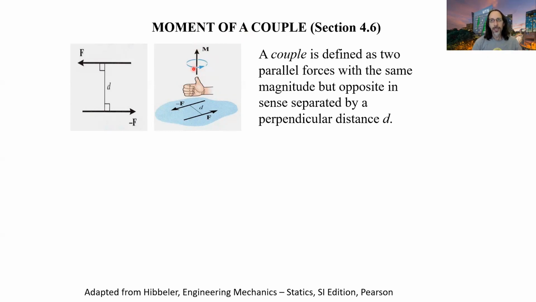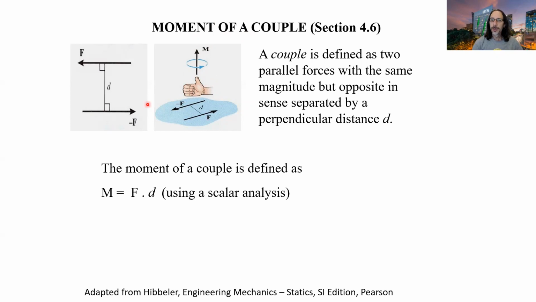Don't worry too much if you don't get that. For now, we'll just consider only two-dimensional problems or planar problems, and we'll look at three-dimensional problems in a later lecture video. As we've set up in words, the moment of a couple is defined as these two forces, equal and opposite, separated by a distance.